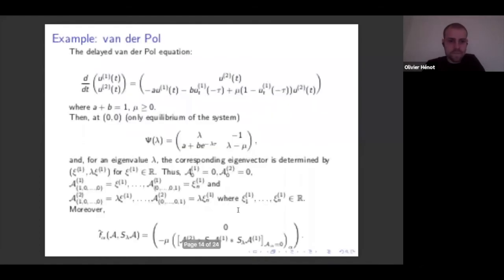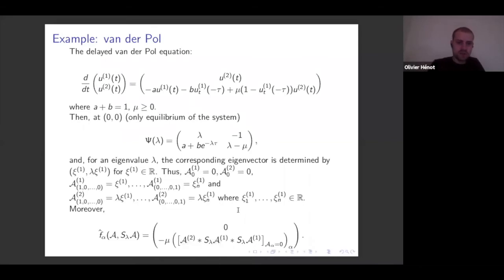So we can do the same, just for the sake of the argument, for a system of delay differential equations. Essentially, if you proceed with the same idea as what I explained, you're going to get a characteristic equation that is now a matrix.